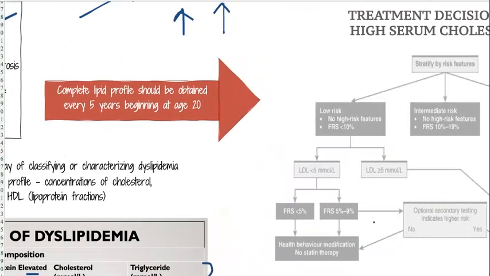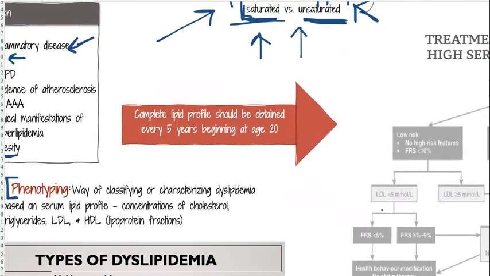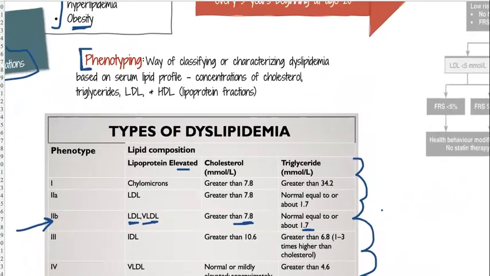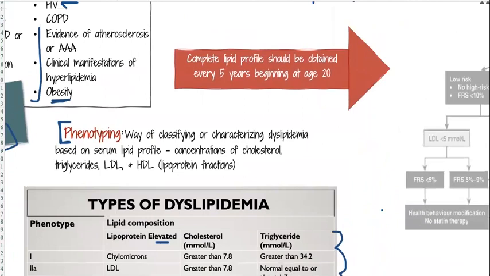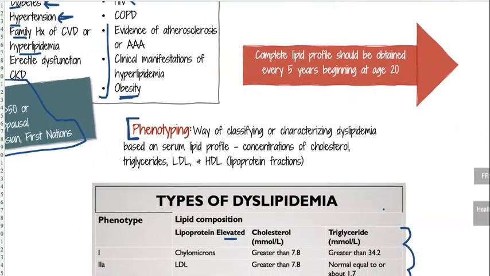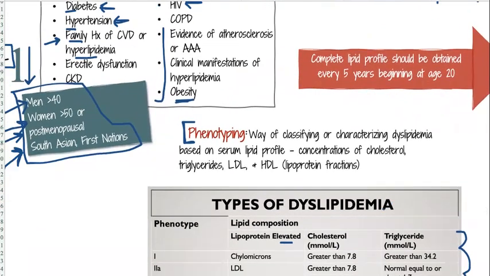And then again, we want to do this complete lipid profile, which is what gives us these results. We want to do that testing every 5 years, beginning at age 20. That was very specific in, I think it was a Lewis Heitkemper text, so just keep this in mind. These people aren't necessarily at high risk.